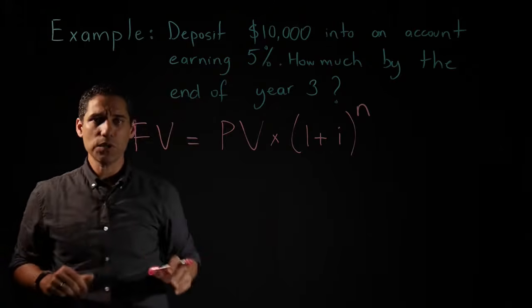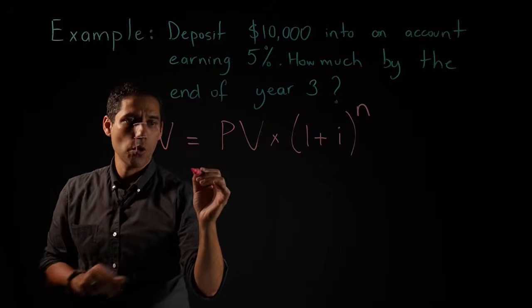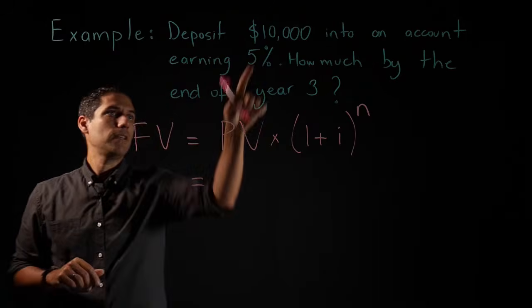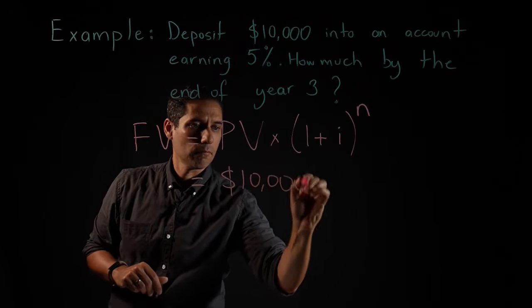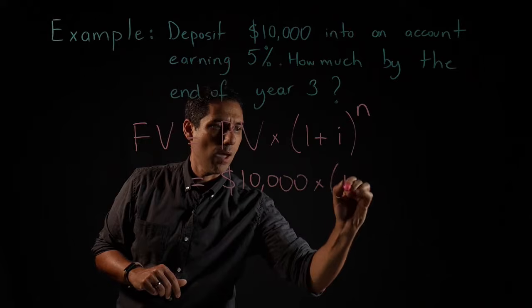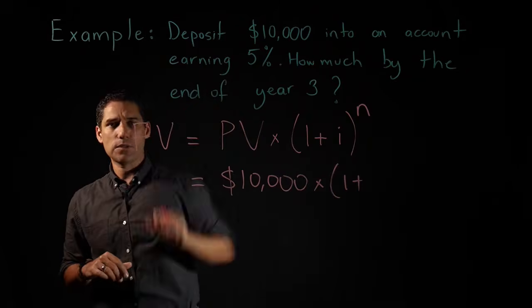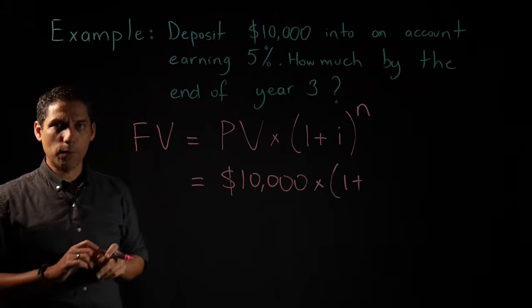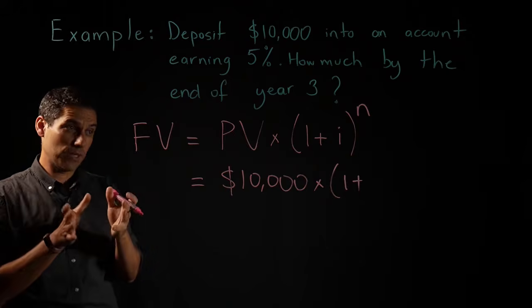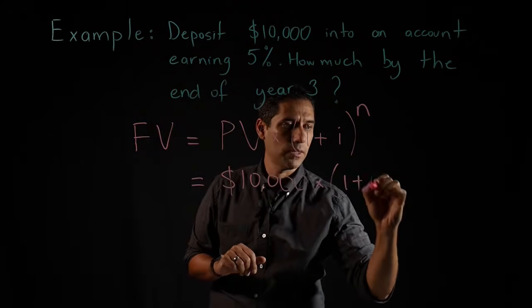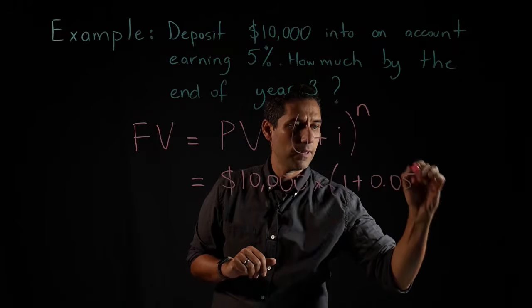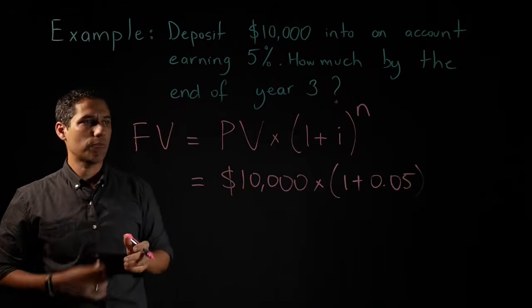So if you look at this question, then we plug the numbers in. We don't know FV. PV is $10,000 times 1 plus the interest rate. The interest rate is 5%. We always convert percentages into decimals when we are plugging them into our equations, right? So we are going to convert that into 0.05, and then we are going to have it raised to n.